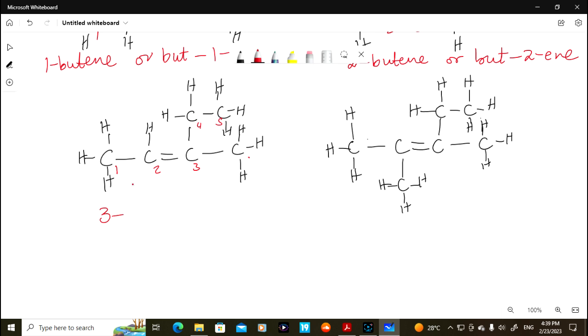So what is the name of this molecule? It's 3-methyl, because we have a methyl on position number 3, and then pent. Why not but? Because we have 5 carbons.